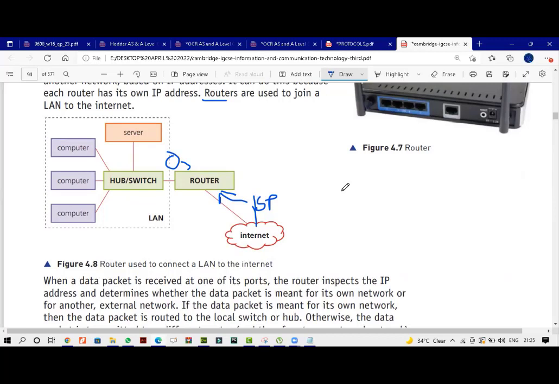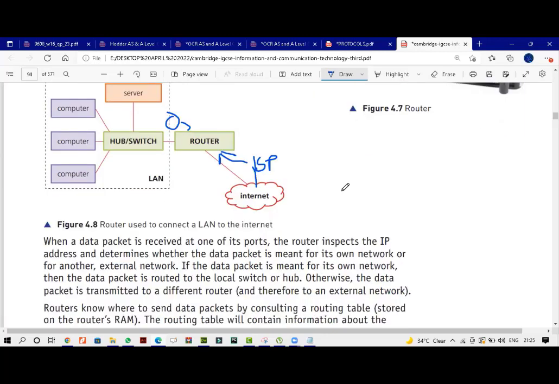A proxy server controls the amount of data usage and the list of files, URLs, and websites that can and cannot be visited. That is as far as access to the internet is concerned, whenever we are connecting a LAN to a WAN, basically the wide area network.